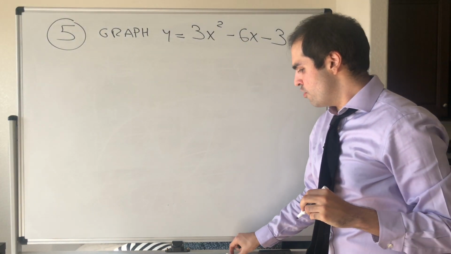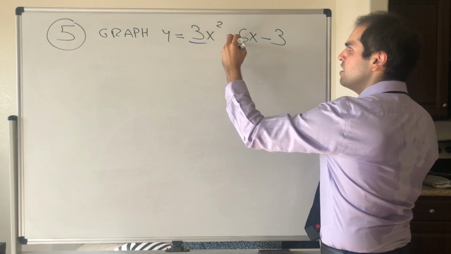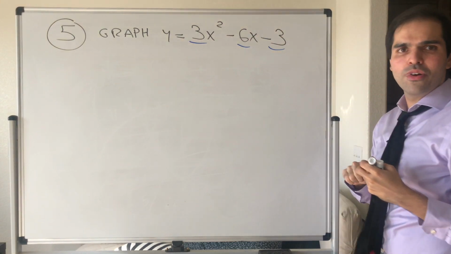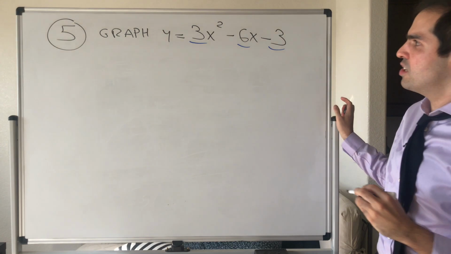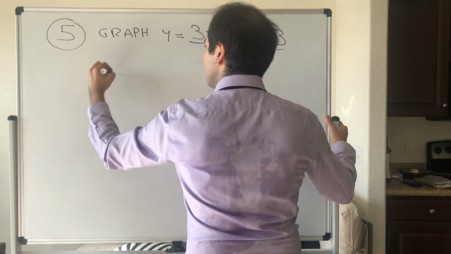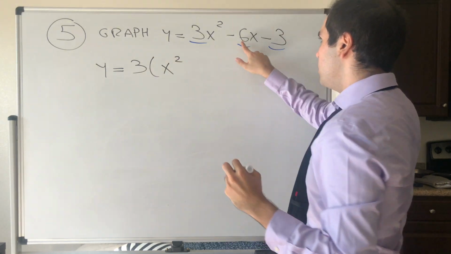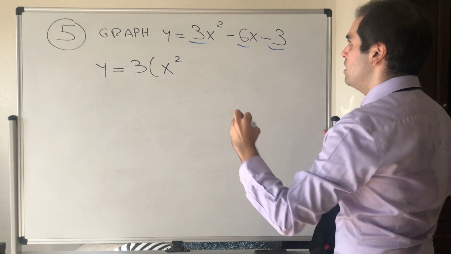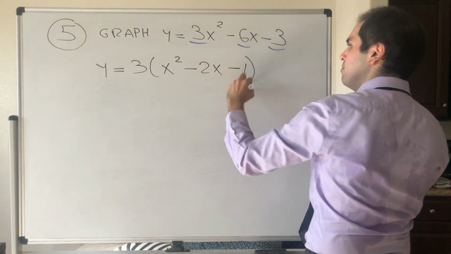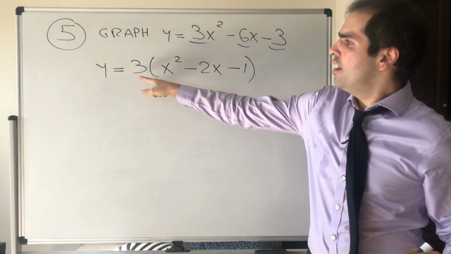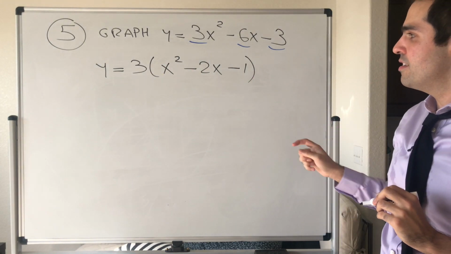But notice, first of all, there's something nice about this function, is that every term has a common factor of 3. So you can factor a 3 out of this. So y equals 3 times x squared, 6 is 2 times 3, so this becomes minus 2x and then minus 1. Again, you can always check by expanding all the terms out, and you get this.